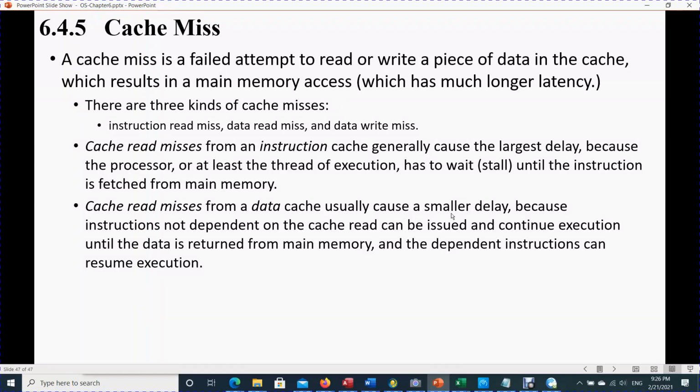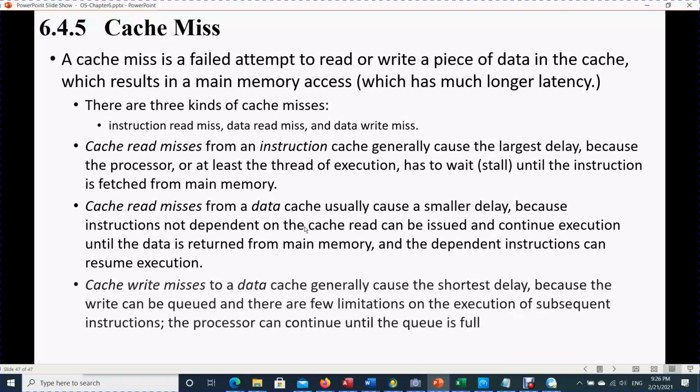They don't cause quite as long a delay because instructions that are not dependent on the cache read can be issued and continue execution until the data comes in from main memory, and the dependent instructions then can resume.